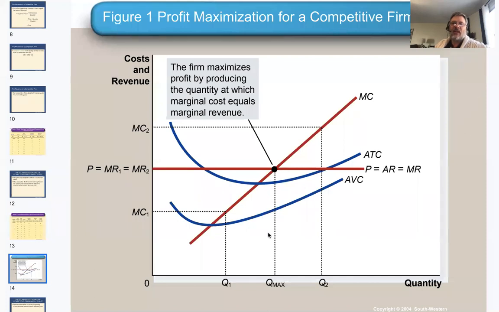So I'm gonna go ahead and move on past this table then and show you this graph, because this is the graph that I was talking about. Notice that this is actually the demand curve, and it's a perfectly elastic flat demand curve, marked at P. That's the firm's demand curve. A competitive firm's demand curve, which we're gonna explain later, actually looks like a horizontal line, and that's because they are a price taker.